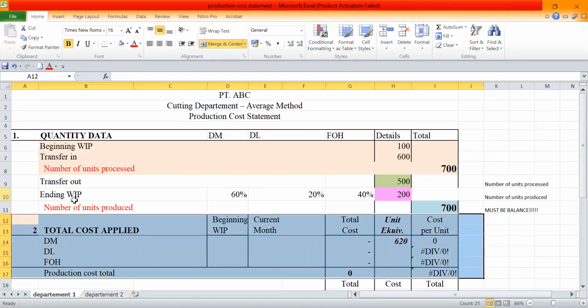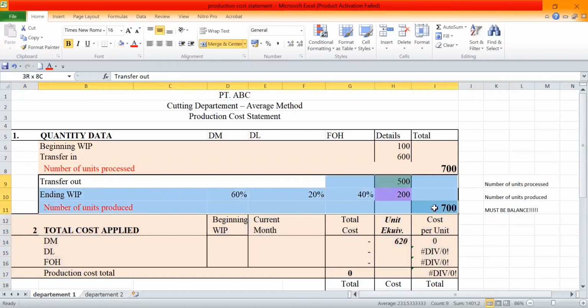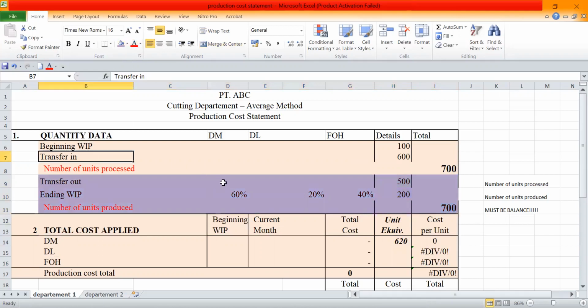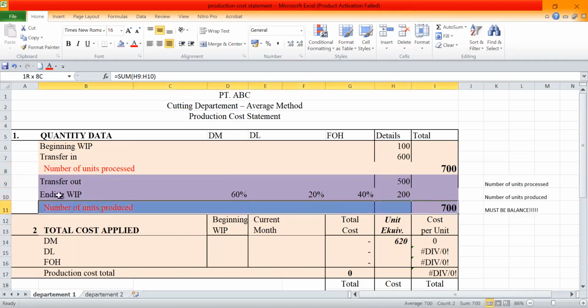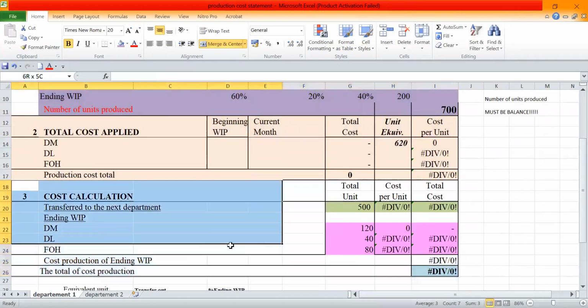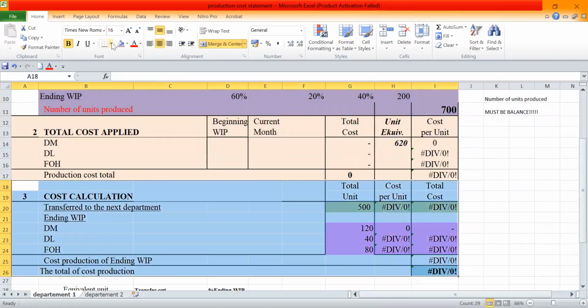And then the remaining part, I will give this part the purple color. Okay, so the rupiah or dollar amount of the transfer out units and the ending work in process units, which is 500 plus 200, becoming the number of units produced, 700 in here, will be located on the third part of the production cost statement.